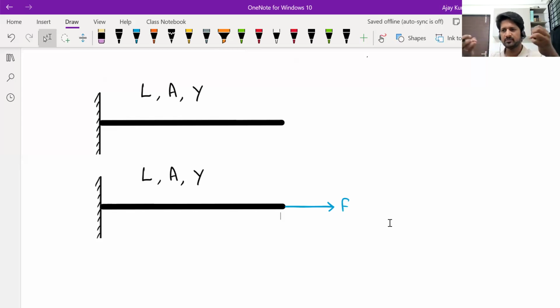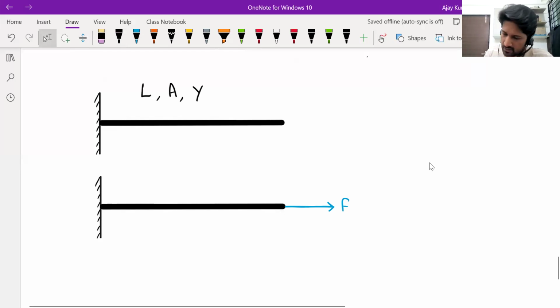So it may expand a little bit until the restoring forces balance the external force. So this wire will expand a little bit. Compared to its natural length, when it is not under any stress, its length was L. Compared to that, it would expand a little bit.